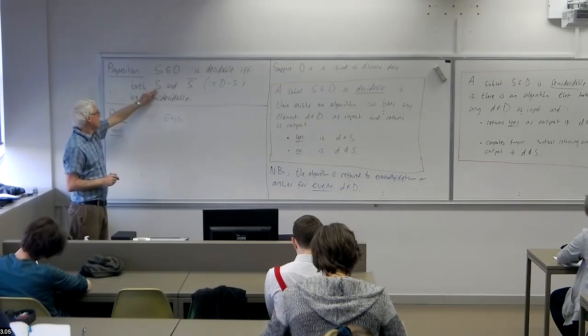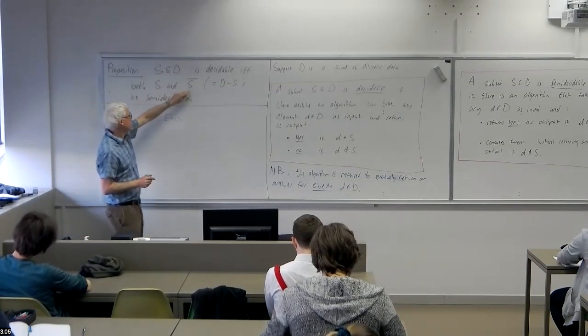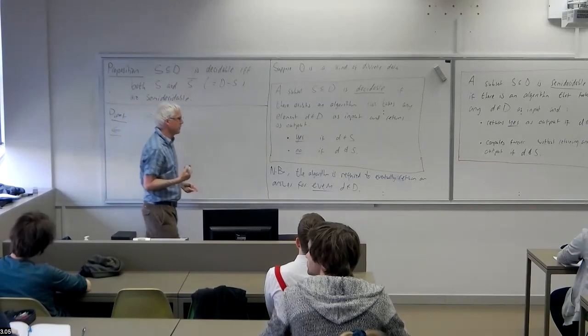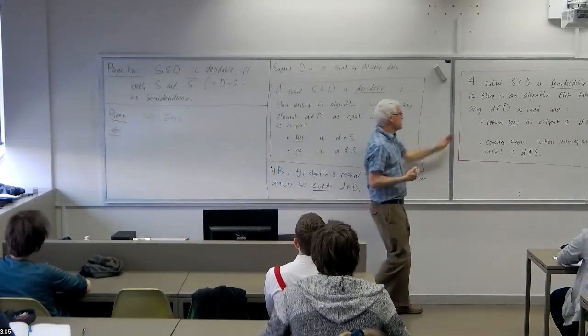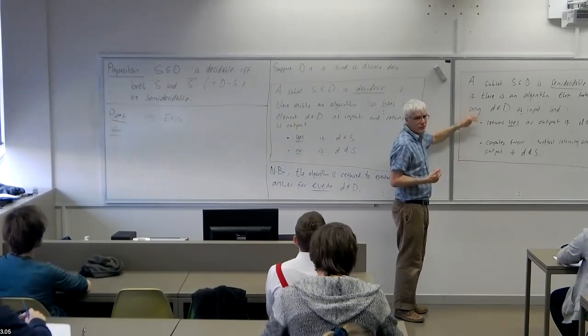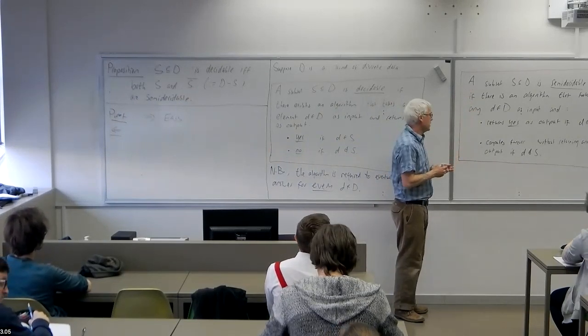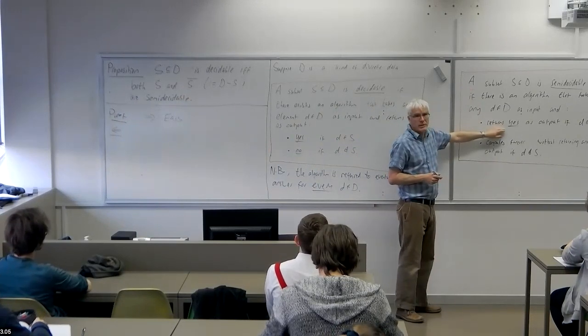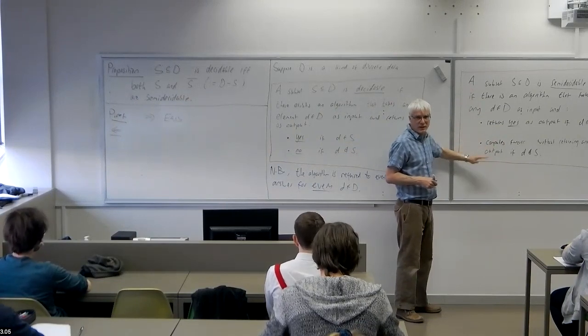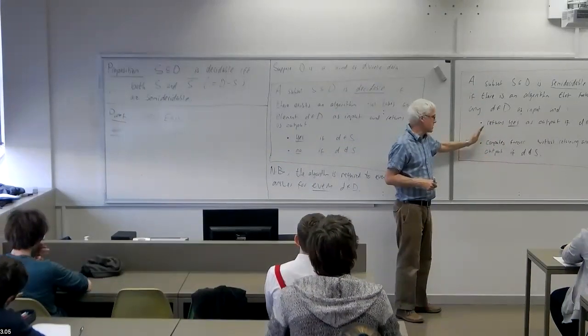The converse is, suppose S and S complement are both semi-decidable. From the point of view of this lecture, what this means is we've got two semi-decision procedures, two algorithms. One will return yes on any input that belongs to S, and a different one will return yes on any input that belongs to the complement of S. Both of them will never return negative information, but that doesn't matter.